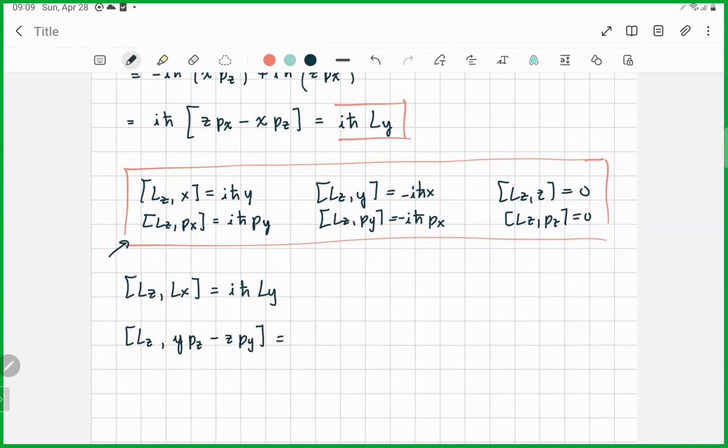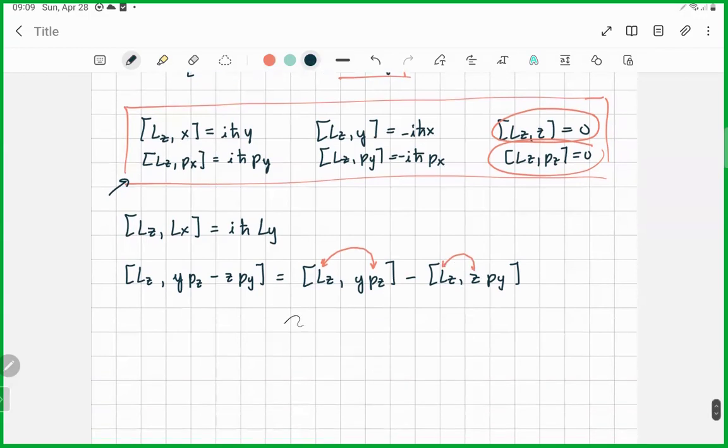So what do we need to do? The commutator between LZ with YPZ and the commutator between LZ and ZPY. Now look, here we know that LZ with Z is 0, that LZ with PZ is 0. So I'm not even going to bother keeping this commutator or this commutator.